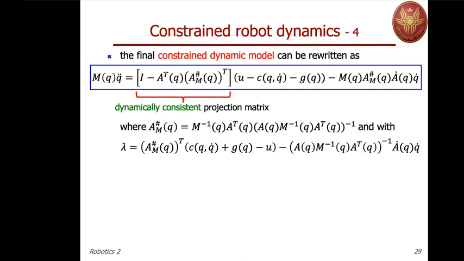Now, what pre-multiplies the input torque u minus the velocity term and the gravity term from the original model is a projection matrix. In fact, this is a dynamically consistent projection matrix where the pseudo-inverse is the inertia-weighted pseudo-inverse of the constraint Jacobian.